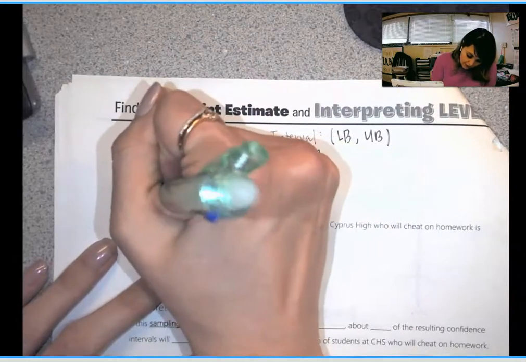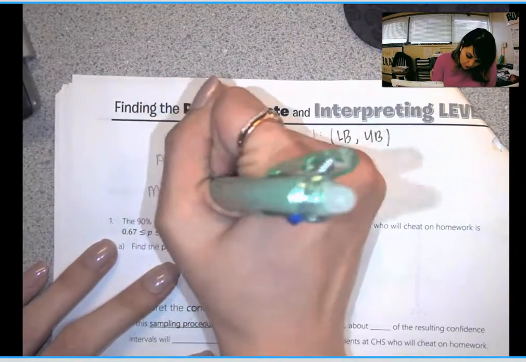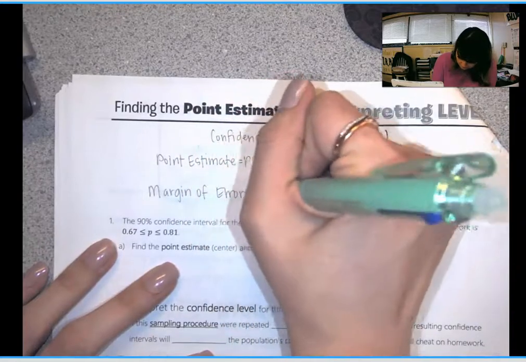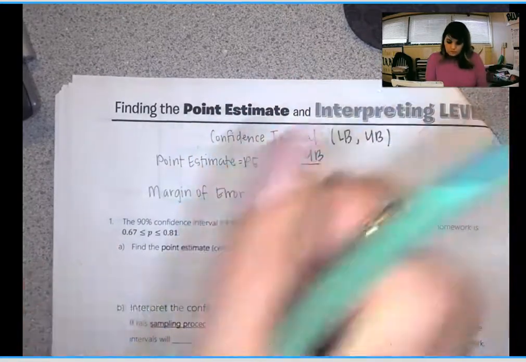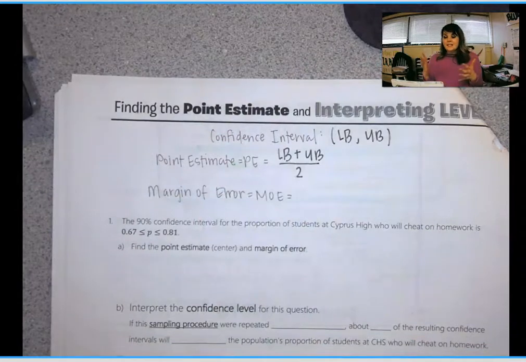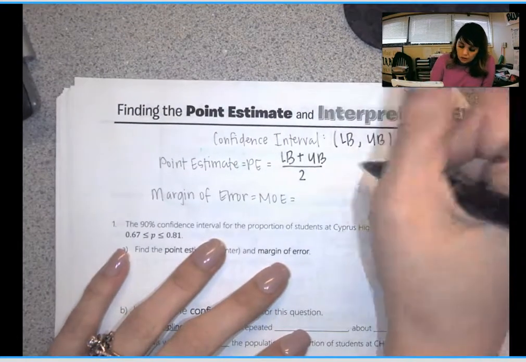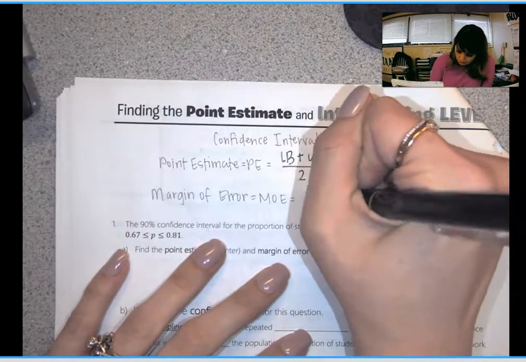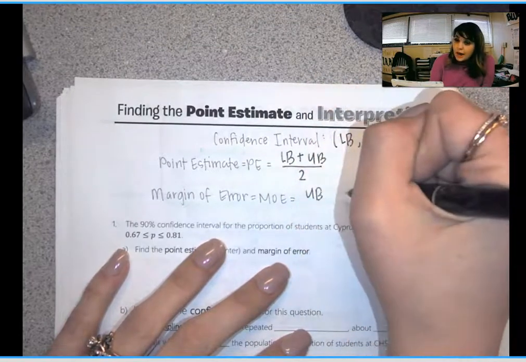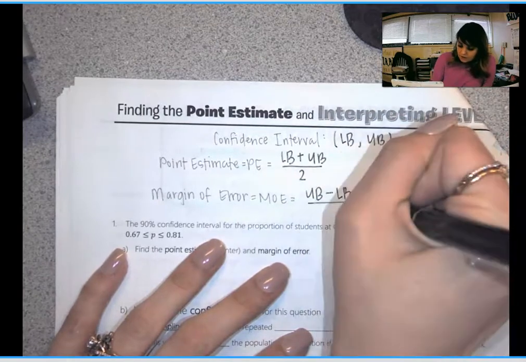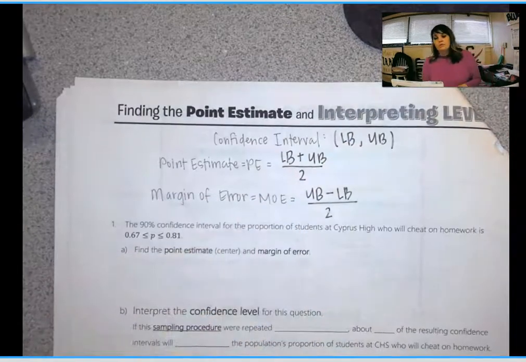If you are asked to find your margin of error, well, that's the distance between your point estimate and the end point. So what you would do is take your upper bound, subtract your lower bound, and divide that by 2.